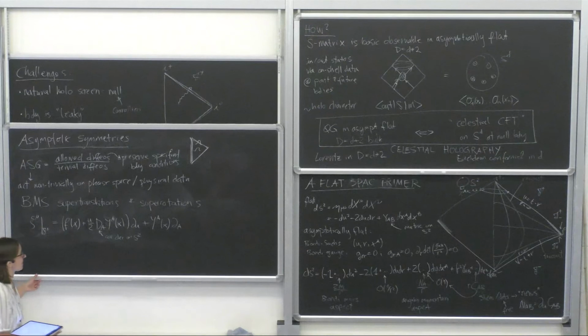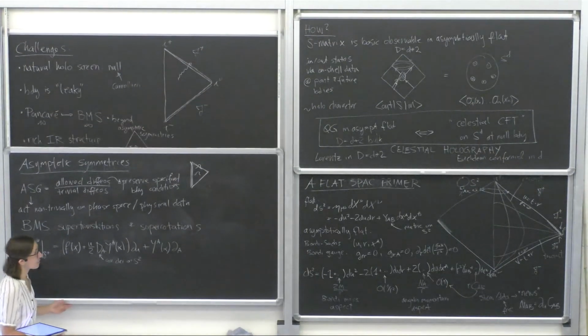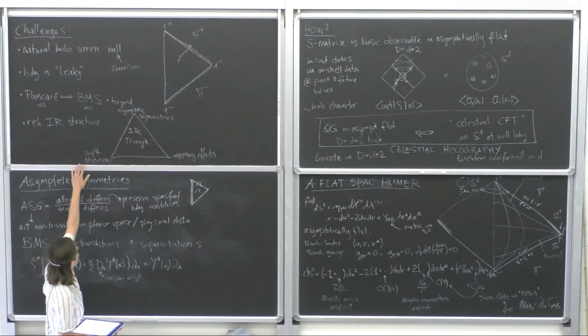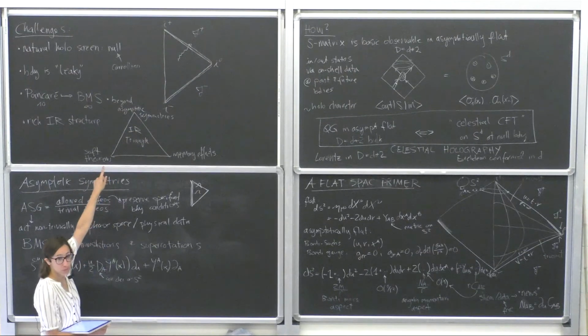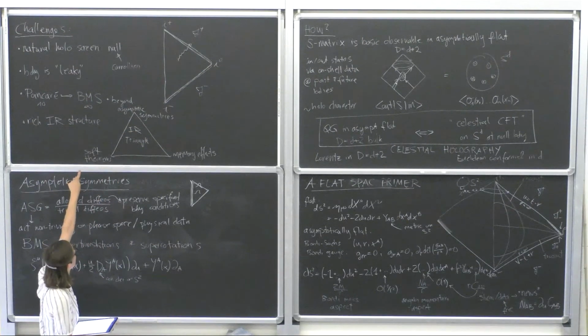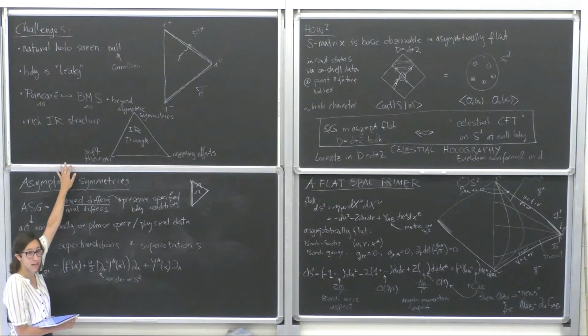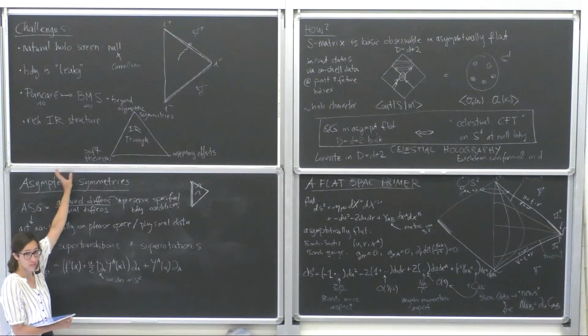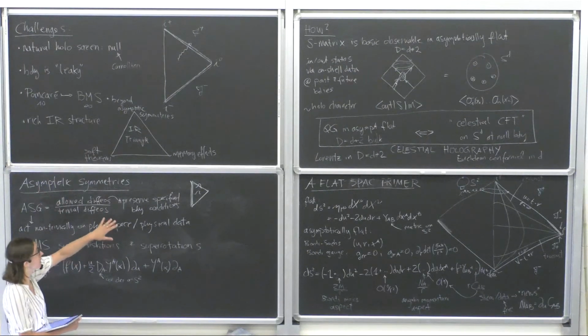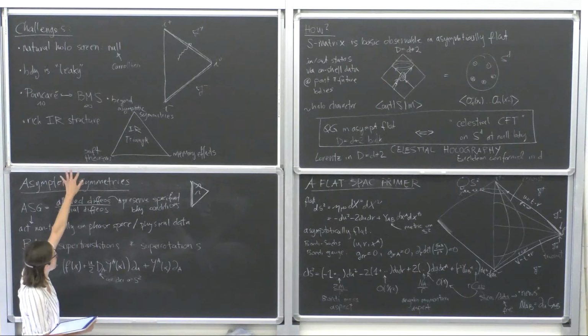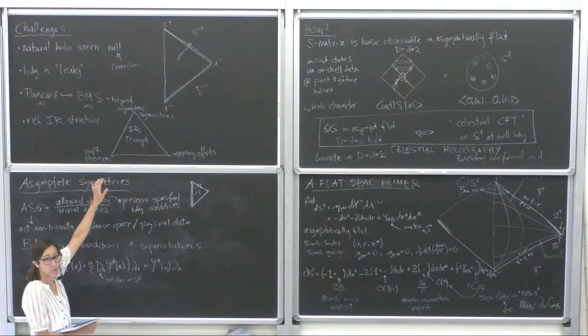In a sense, well, it relates to what I've drawn here. So BMS super translations and super rotations will be related to certain universal factorization properties of scattering amplitudes that include gravitons with very low energy, so taking the energy to 0, or soft. And these universal factorization properties will be related to that.